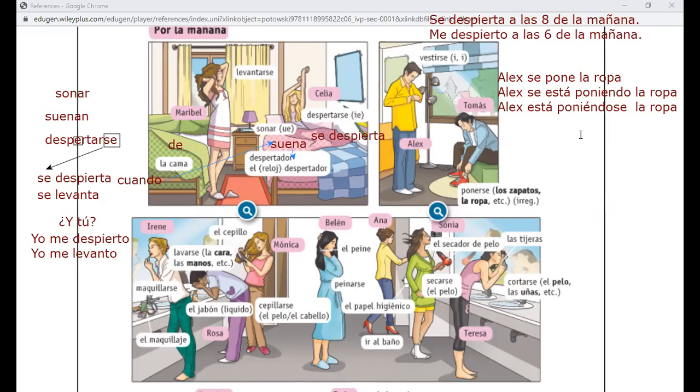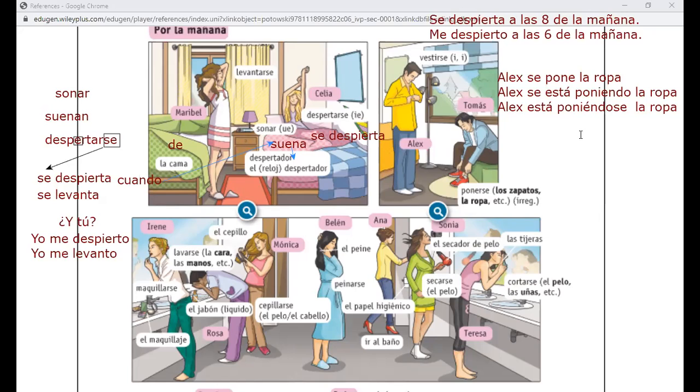Alex se está poniendo la ropa. So where's se? Before está. So you're gonna have to choose. Se está poniendo la ropa o está poniéndose la ropa. But you have to use that se. That's the only way we know it's a reflexive verb. Muy bien. Let me tell you why.